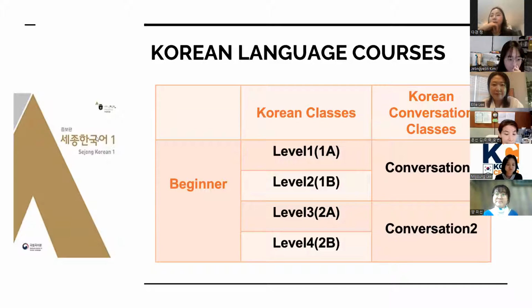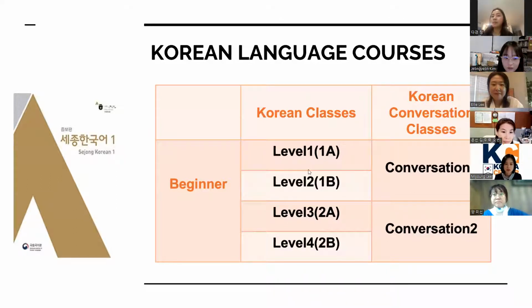Okay, next, the courses that we offer. We have our regular classes, and we also have Korean conversation classes sometimes. As you can see here, we have level 1 through level 4, and these are our beginner levels.